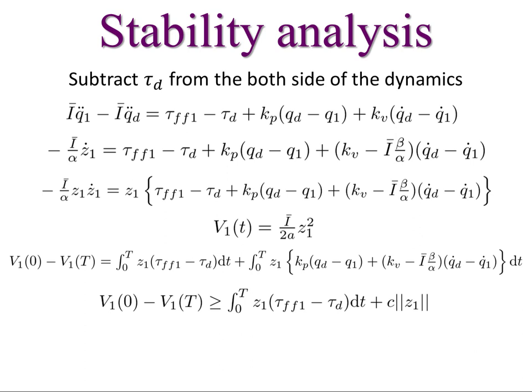Then, by defining a positive constant C such that the magnitude of the content of the curly bracket does not exceed the magnitude of Z1 multiplied by C, the right-hand side can be represented like this.